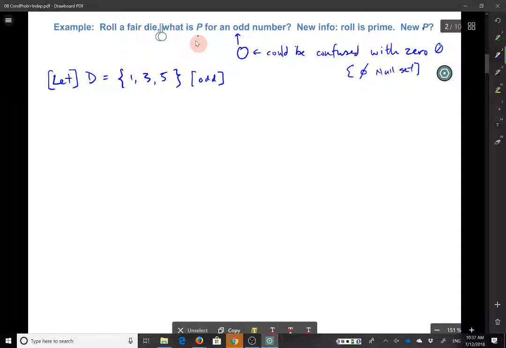So P prime, so it could be probability, like this P, so is it the probability P or is it set P? So you kind of avoid that, similarly to avoiding O. So maybe the second one, R. So R is equal to 2, 3, 5, prime.